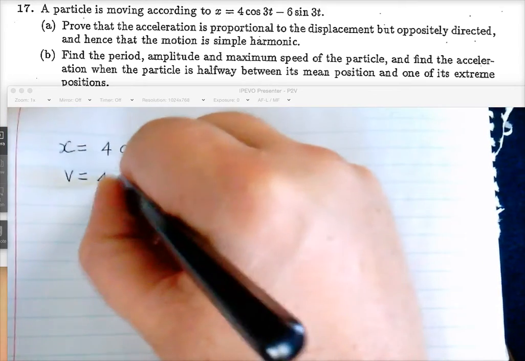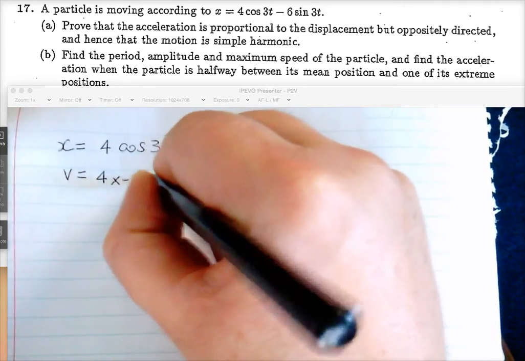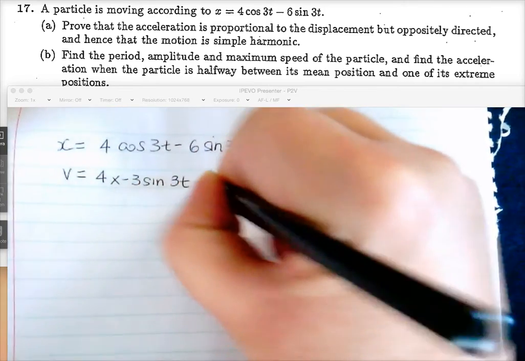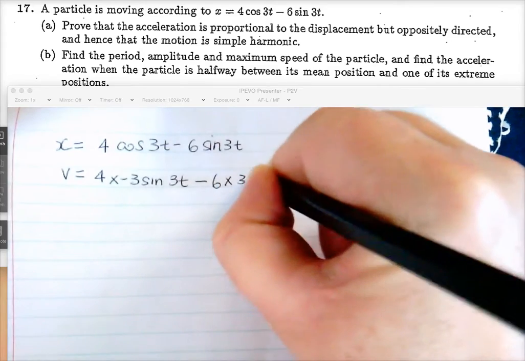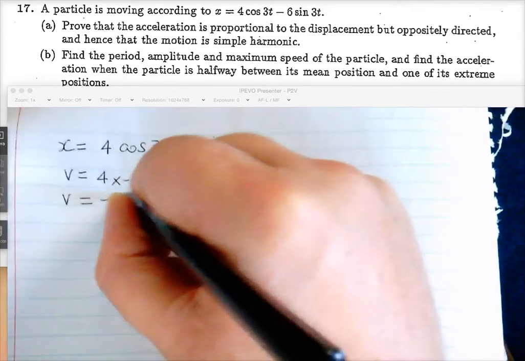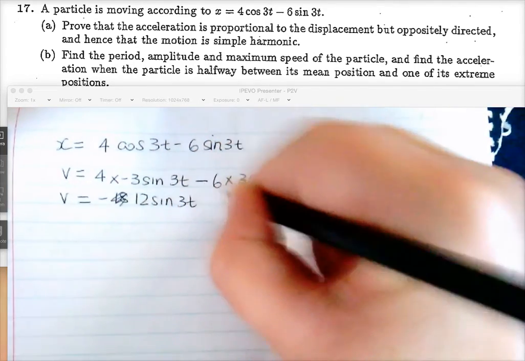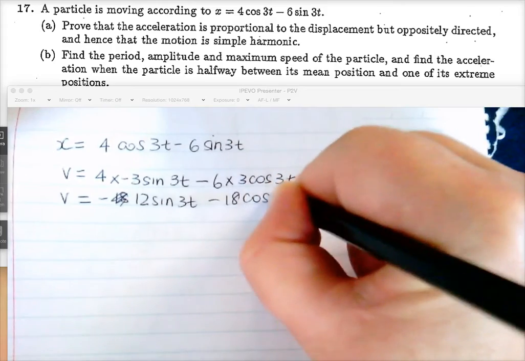X is 4 times, yeah. Is it negative? Yeah. 4 times negative 3 sine 3t minus, the other one will stay the same sign, but change to cos. So you get negative 12 sine 3t minus 18 cos 3t.